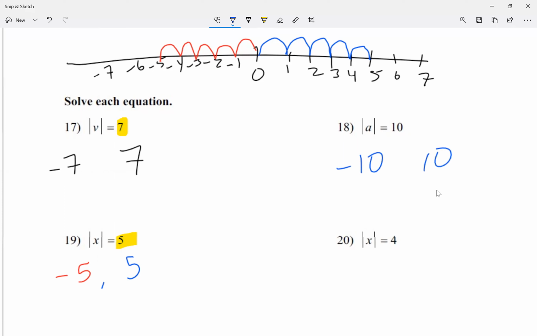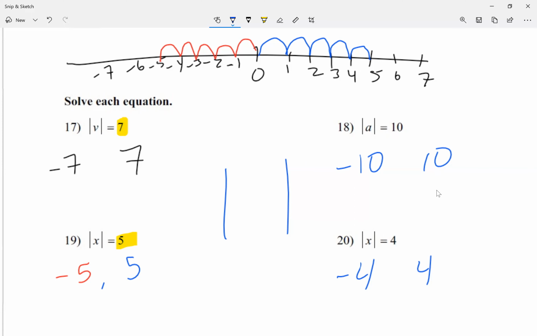And when my distance is 4, my values could be -4 or +4. Absolute value, those big lines around a letter, is basically the distance from 0. So I have to think absolute values will give me 2 solutions, a negative solution and a positive solution. Notice that's what I have on all my answers.